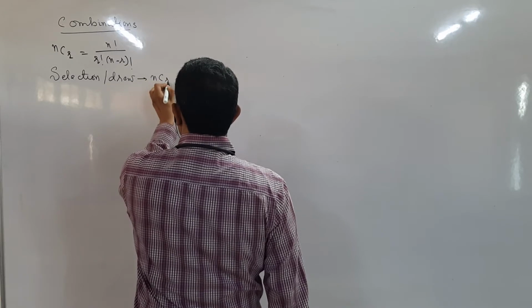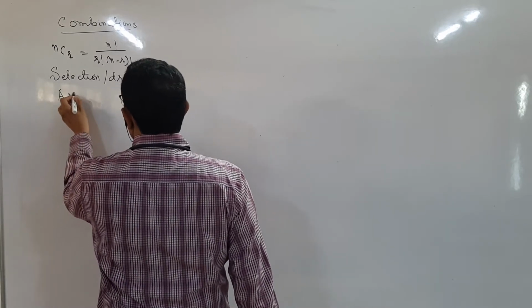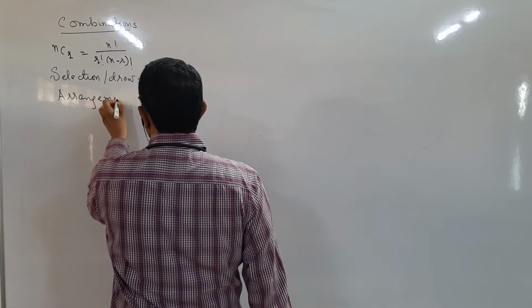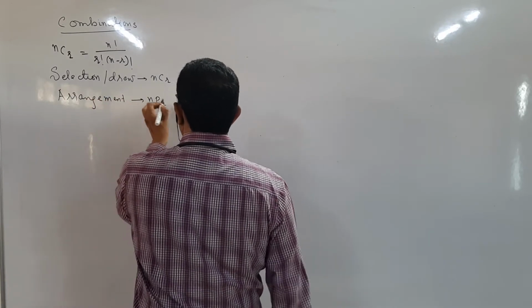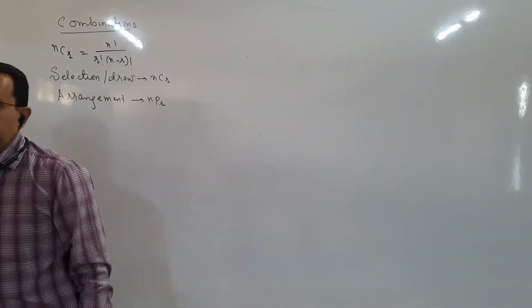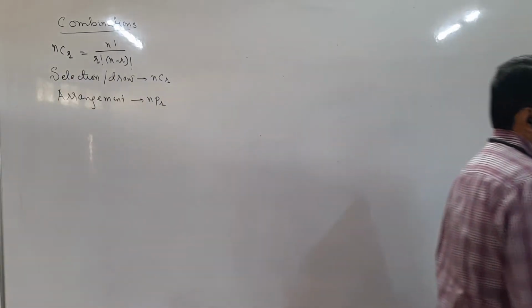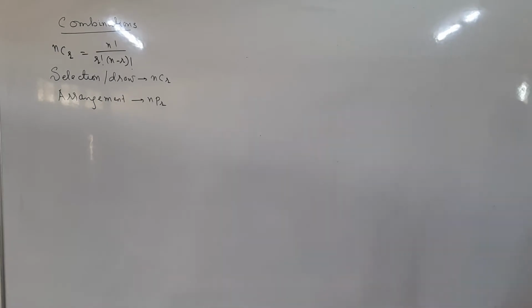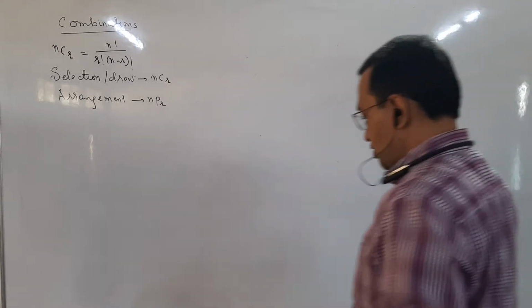That indicates nCr, and ordered arrangement indicates the use of permutation, and that is nothing but nPr. So this is what you have to remember and memorize. I have been repeatedly telling, in the examination they will not inform us whether this is a sum of permutation or combination.